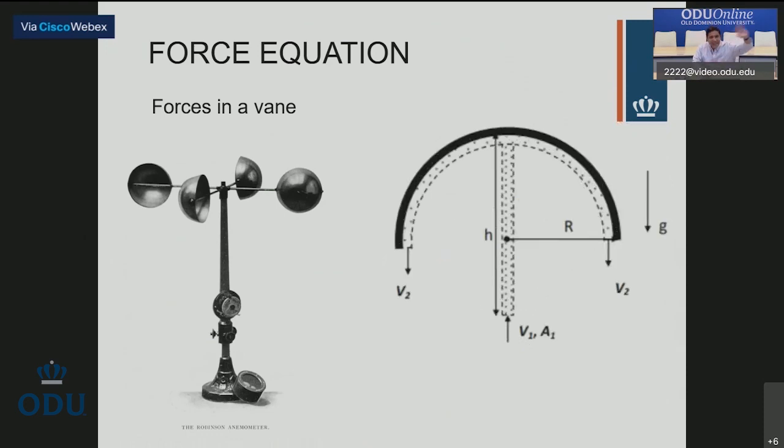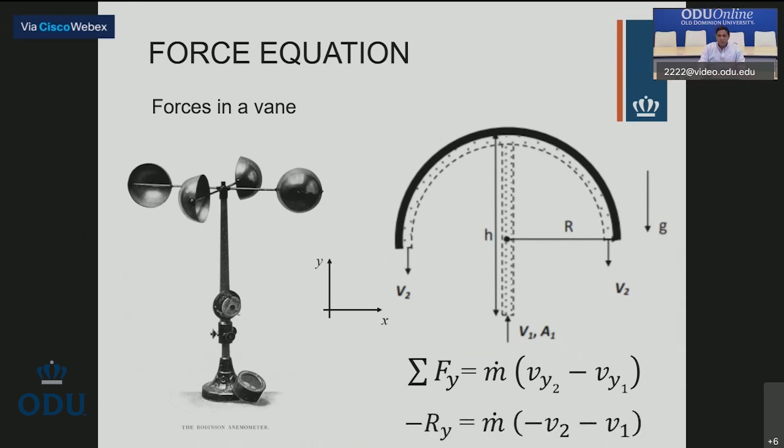So let me apply the same technique that I explained to you. Let me put the Cartesian coordinates. The velocity V1 of the water jet does not necessarily have to be equal to V2, and it is not. Since the force is in the Y direction, I'm just going to focus on the Y equation.